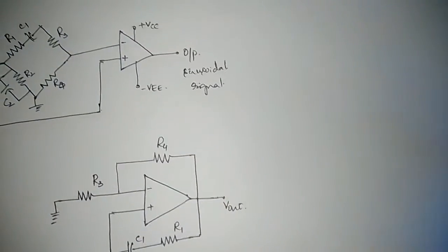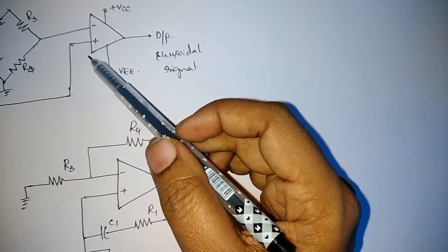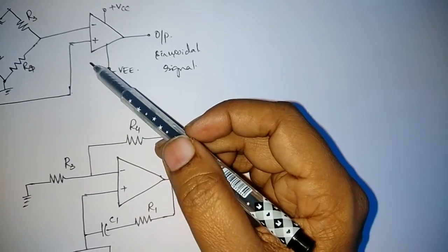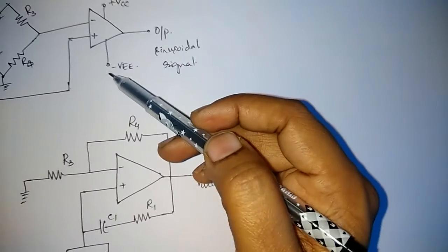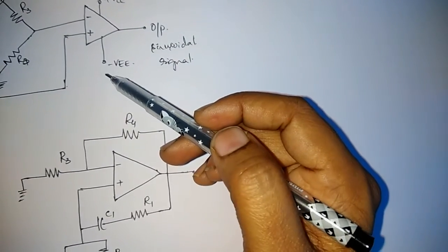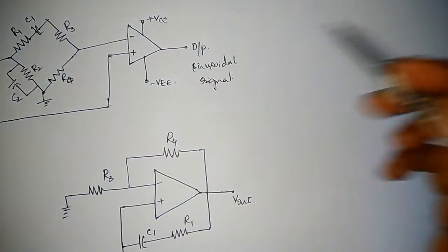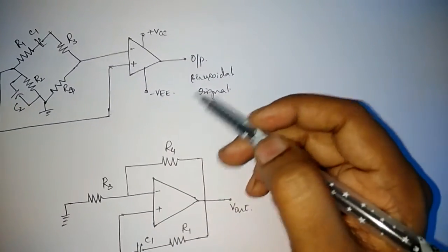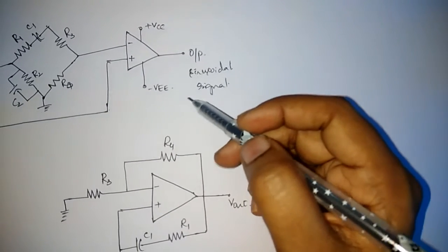So you can observe the figure here now. I had considered op amp based Wien bridge oscillator. In order to have more stability and flexibility in changing the frequency, Wien bridge oscillator is used.